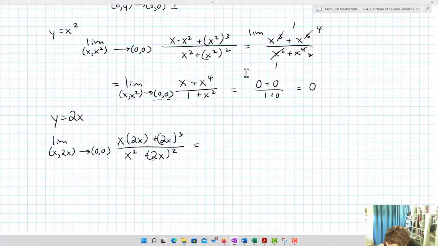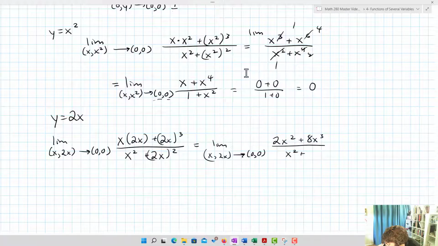And this is now the limit as (x, 2x) goes to (0, 0) of 2x squared plus 8x cubed divided by x squared plus 4x squared.